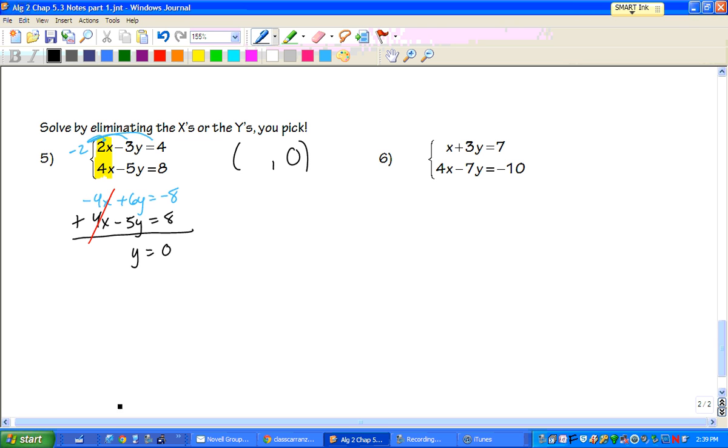And you know what? That is perfectly okay. Now we plug into any equation, it doesn't matter. I'm just going to pick the first one. 3 times 0, that doesn't matter. 2x equals 4. Divide both sides by 2. X equals 2.